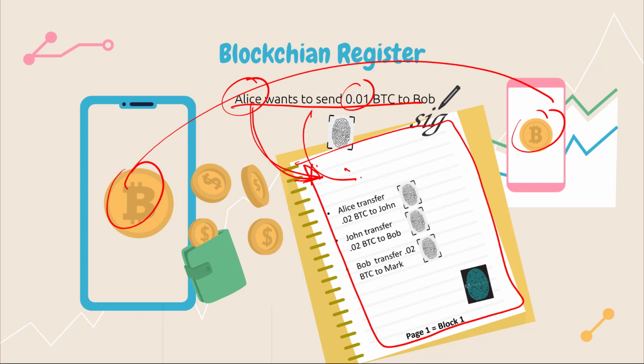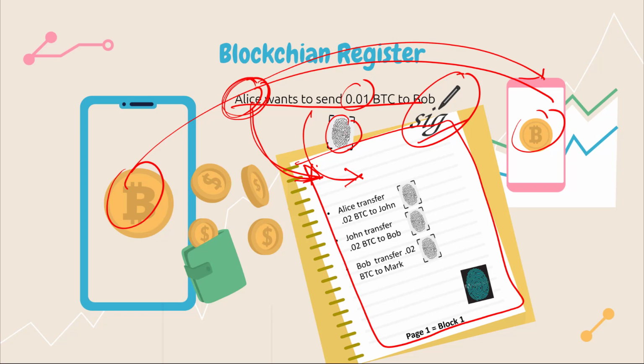So when the transaction goes into the ledger, first of all, it needs to be verified that it's authorized. Yes, Alice wants to transfer the Bitcoin to Bob, and yes, she has the money in her account. All of this needs to be verified, and the network will verify that it's been digitally signed by Alice and authorized.